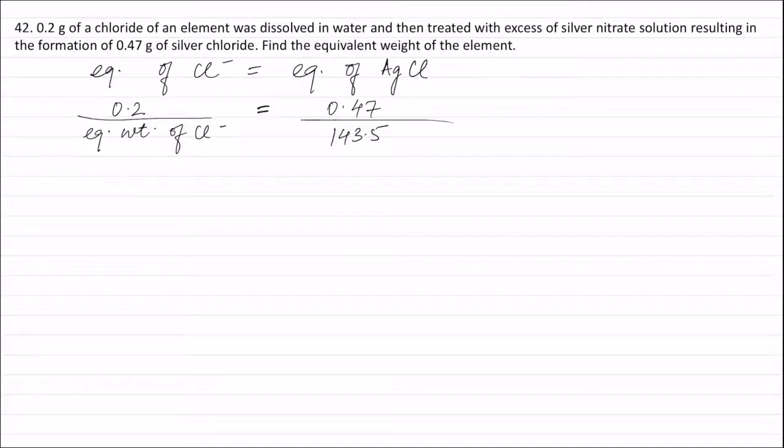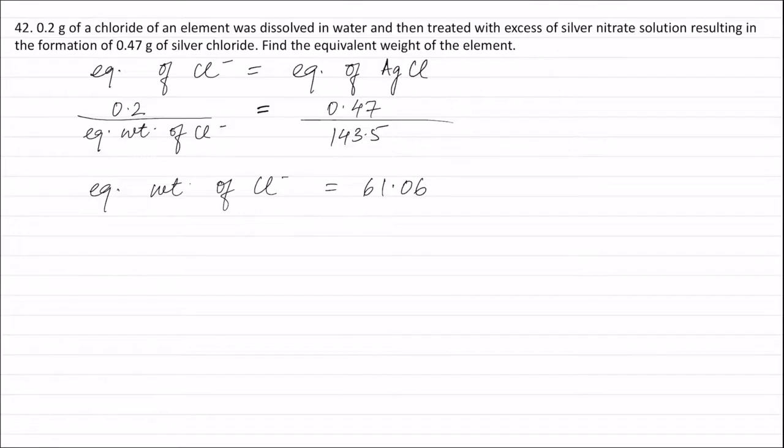Now from this, equivalent weight of chloride will be equal to 61.06.